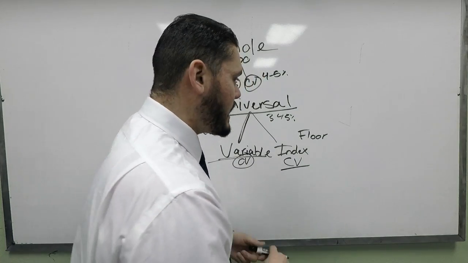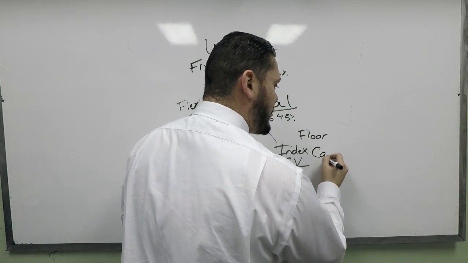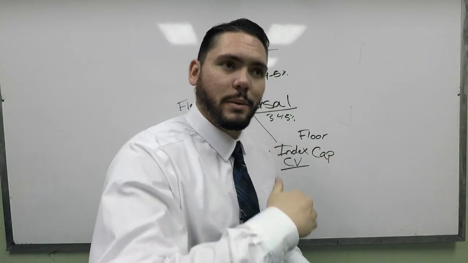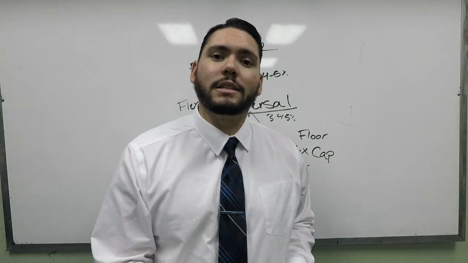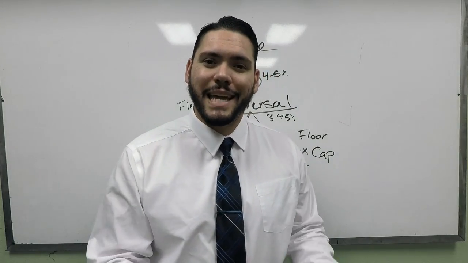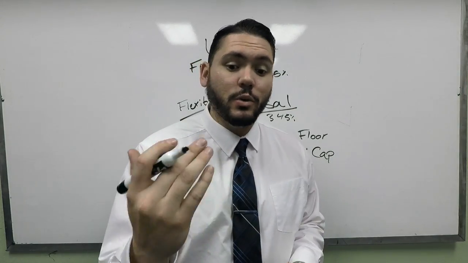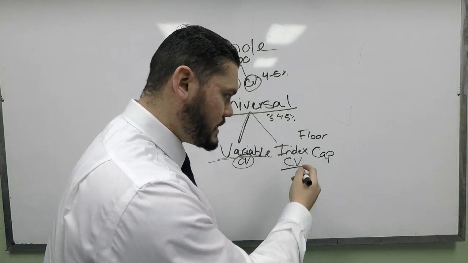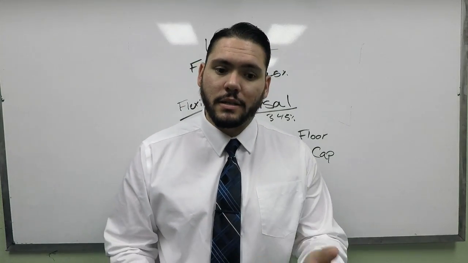So on the other side of that, there is also a cap. So the cap meaning that there's also limitations. So if the market does perform very well, there's limitations to how much of that percentage you can gain from that, okay? So that's the different features and benefits as far as an index goes.